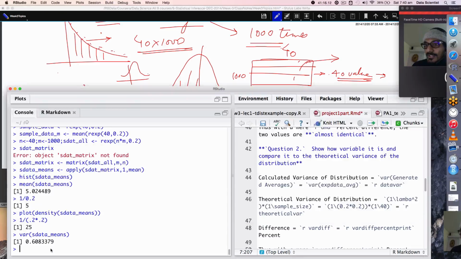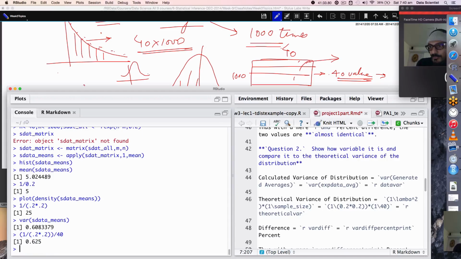So theoretically we'll get the value as this whole thing divided by 40. What do we get? 0.625, right? Sorry, the theoretical variance is 0.625, and our variance is coming out to be 0.60 or 0.61.